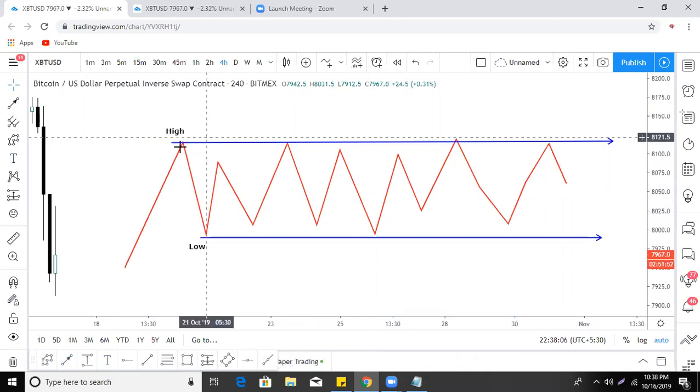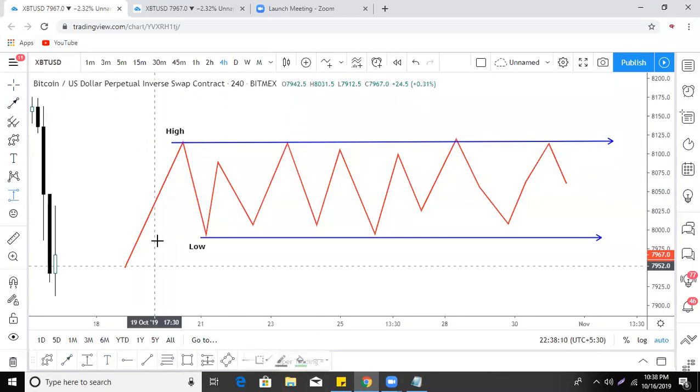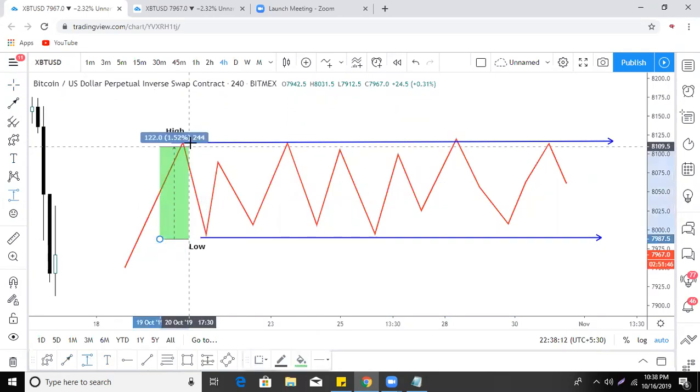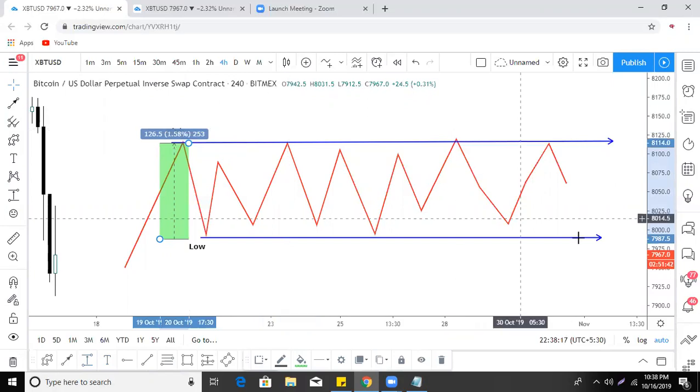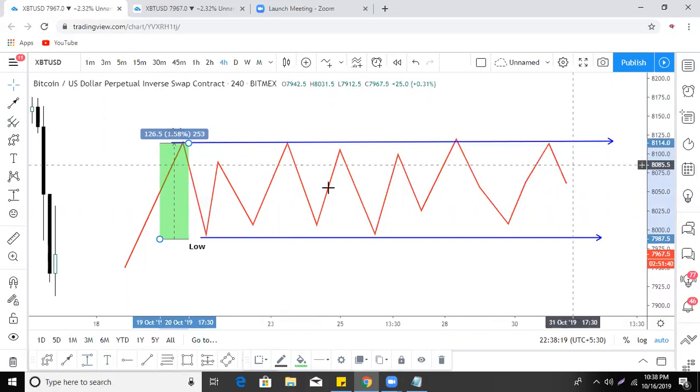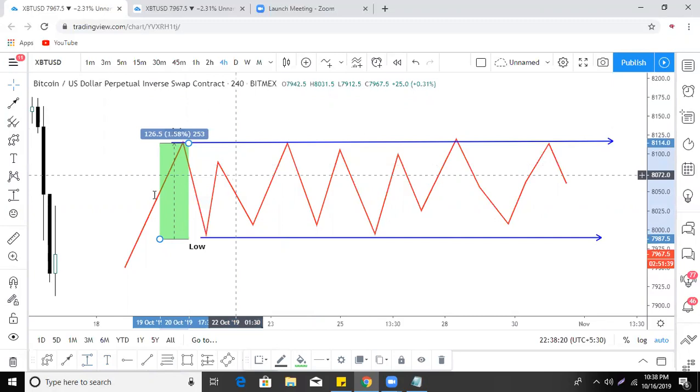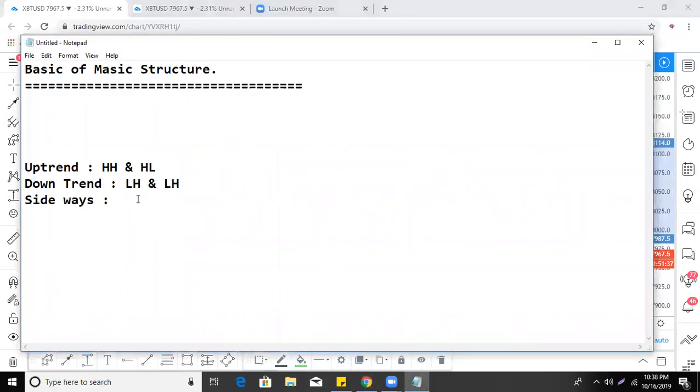So price was moving in this range. That's why the price was in consolidation, or we call it a sideways movement, okay? And this is what we call sideways or consolidation.